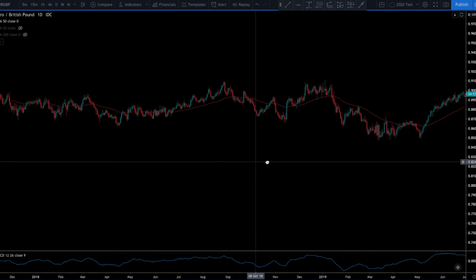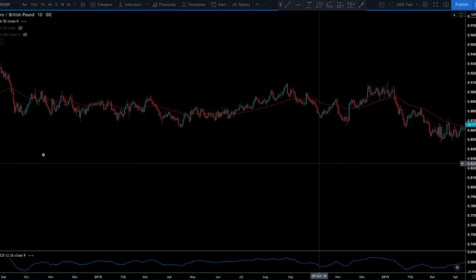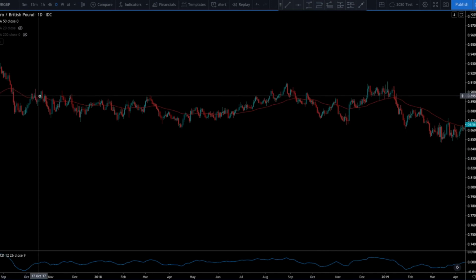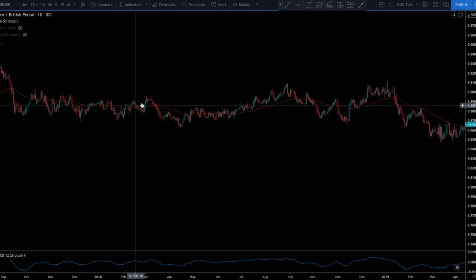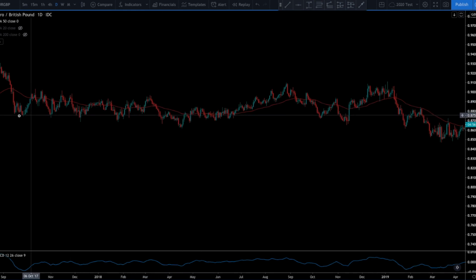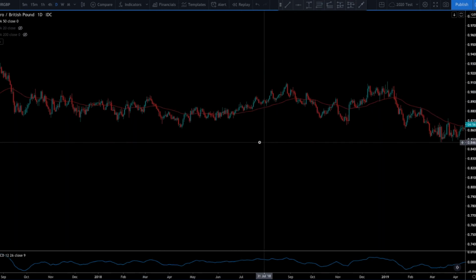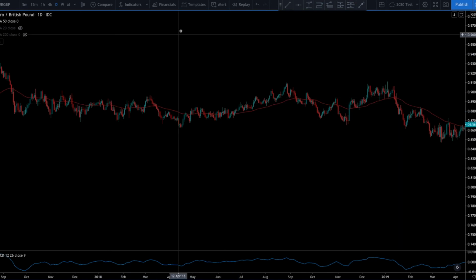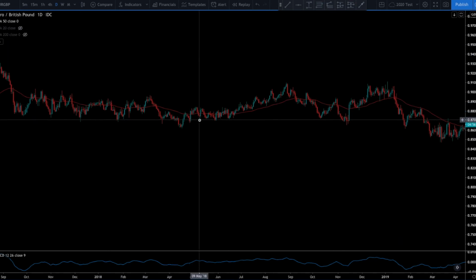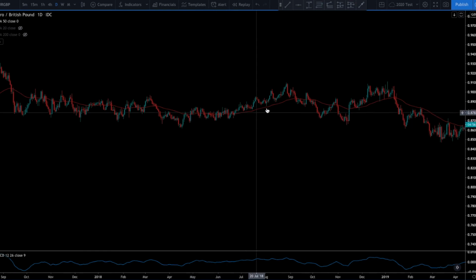Okay, so you can see through this area, it's really not acting as a good support and resistance, mainly because the price is consolidating and not moving in big enough changes for the 50 EMA to really use its 50 days formula to form a different direction in the line.